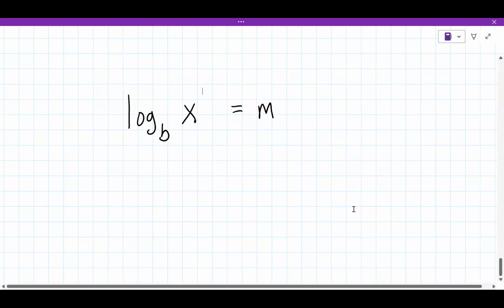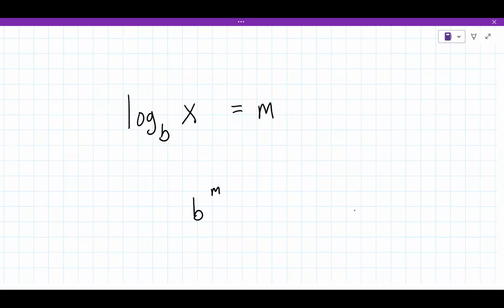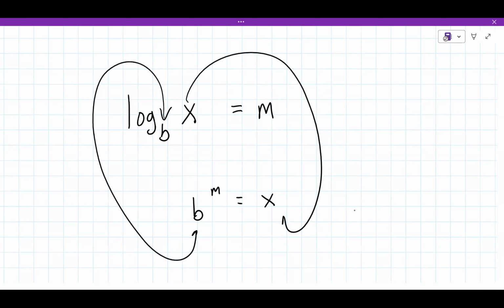We've been doing it with numbers, but it's like this. This becomes b to the m equals x. It's the same thing though. But you have to be comfortable moving back and forth between them. So this would be the thing to write down if you wanted a reference.